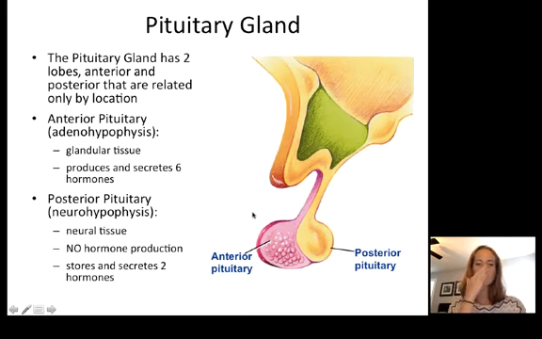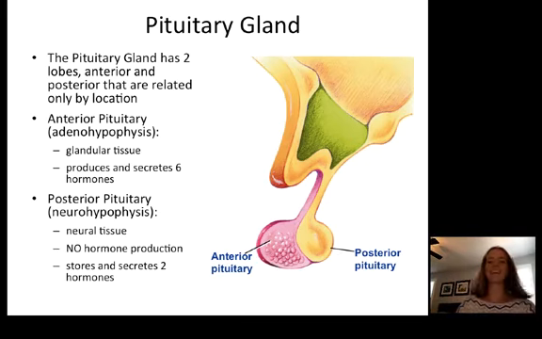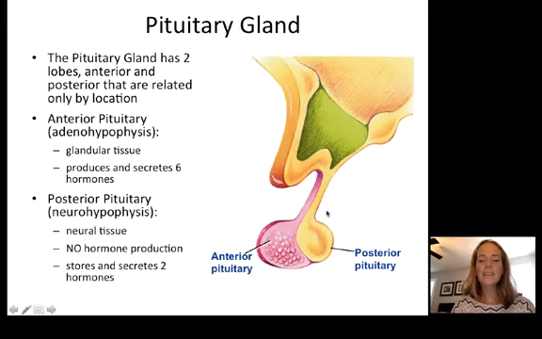So your patient is facing this way, I think. So for this, we have a front and a back to the pituitary. We have the anterior pituitary and the posterior pituitary. And they really are two very separate and distinct endocrine organs.